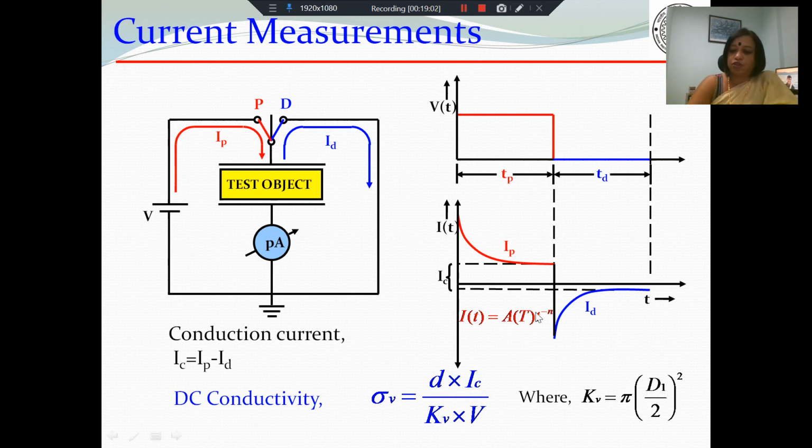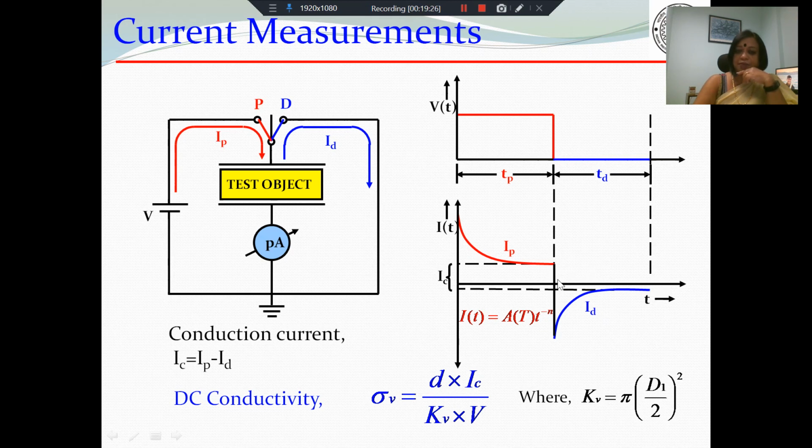So therefore, to err on the right side, to have more accurate measurements, we consider the polarization mechanism to be completely reversible, so the time we wait for the polarization current to reach a steady state, if we wait for a time t, then we also wait for a time t for the depolarization to be completed.